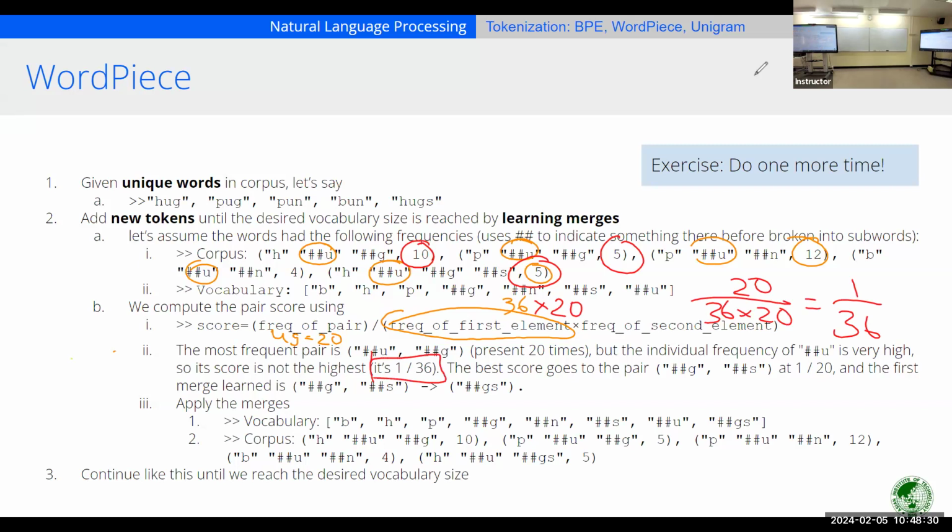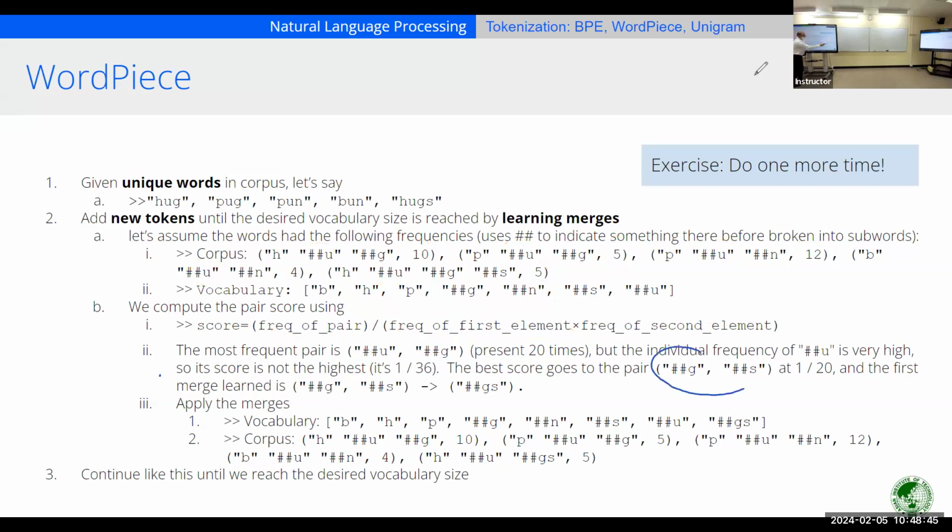So now, this is not the highest, right? You go and find which one is the highest, but I already tell you the highest. The highest is GS. All right. So I will pause a little bit, but I will tell you that the answer is 1 divided by 20.